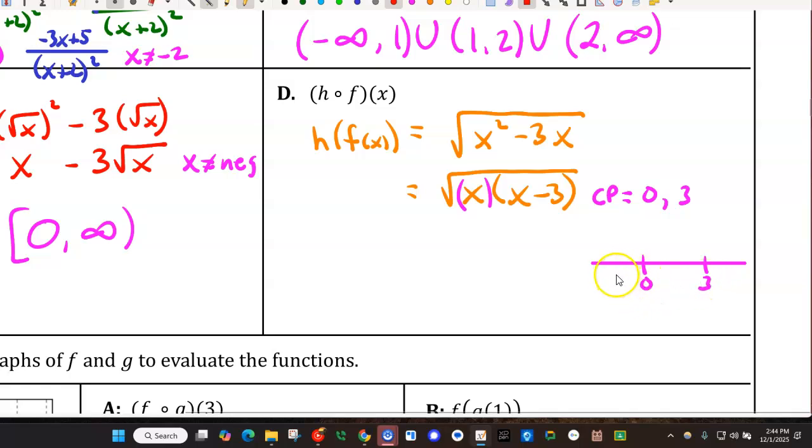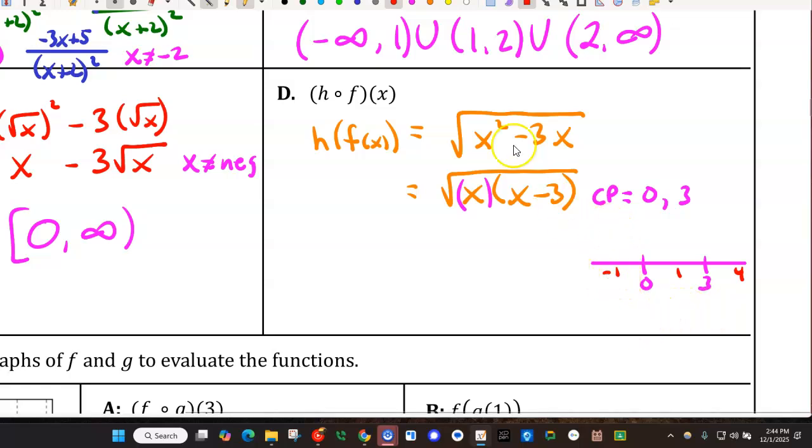We said, let's plug in something. -1, that's a little less than 0. Something between 0 and 3, let's say +1. And then something bigger than 3, like 4. We were looking for increasing, decreasing, things like that. Now we're looking for where it is positive and where it is negative. Negatives don't belong, positives do, because I can take square roots of positive numbers, but not negatives.